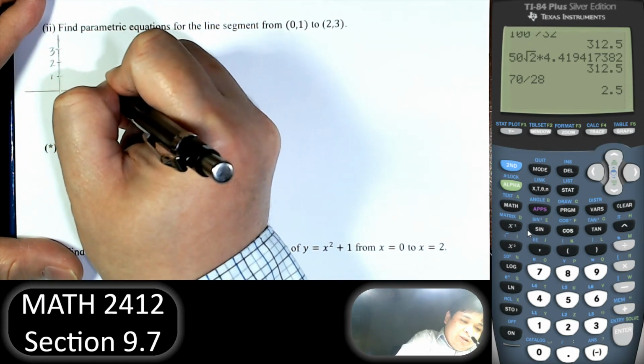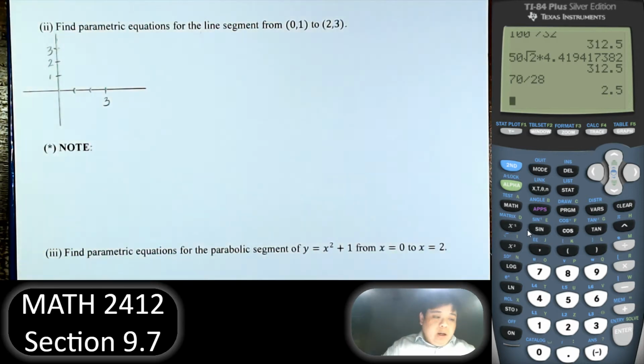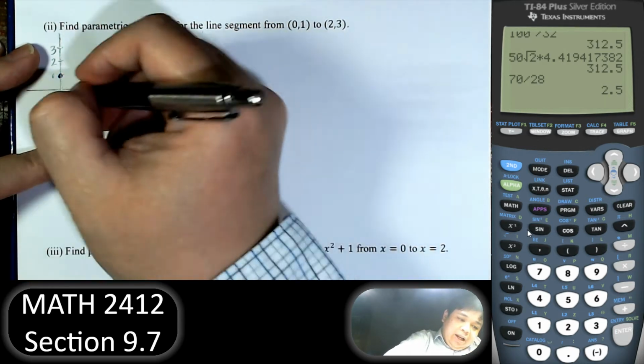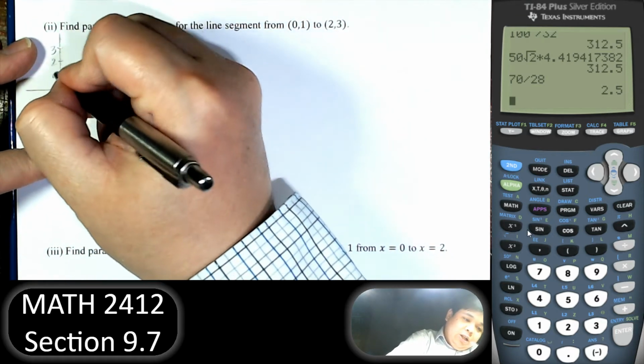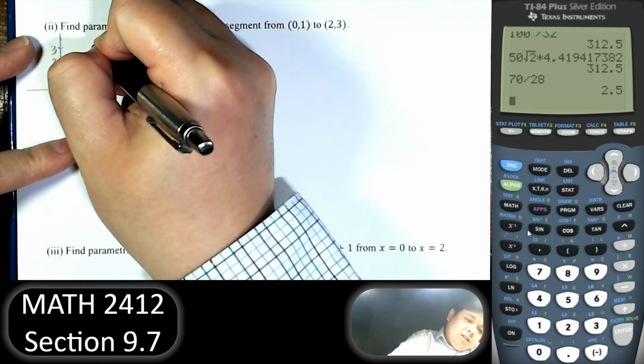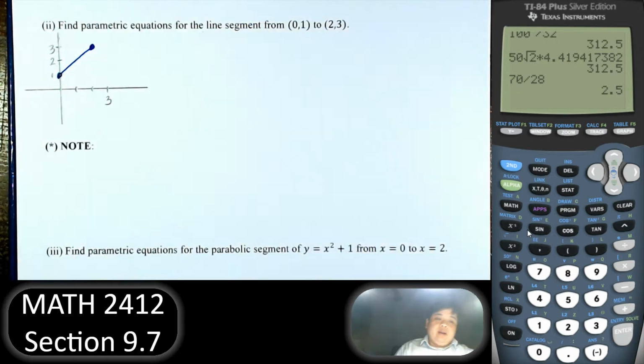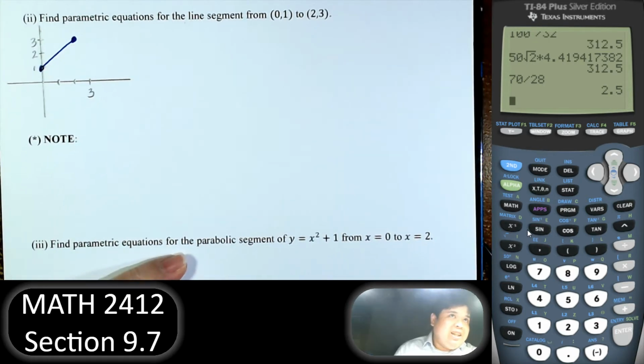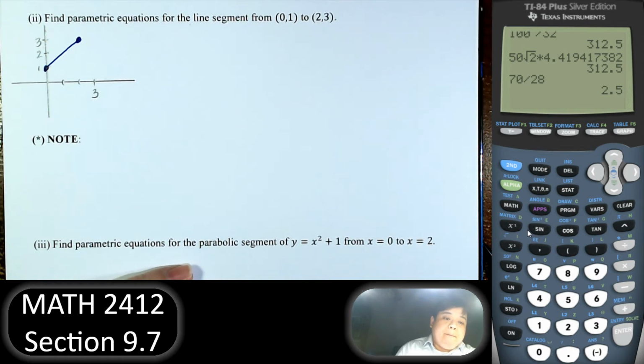Go from (0, 1) and then to (2, 3). So we're talking about that segment. Just a line segment. It doesn't matter if we go from here to there or there back to here. Right. So how do we write that?